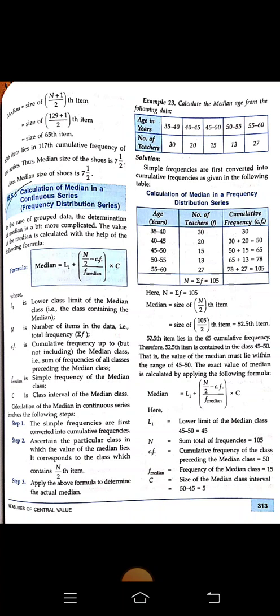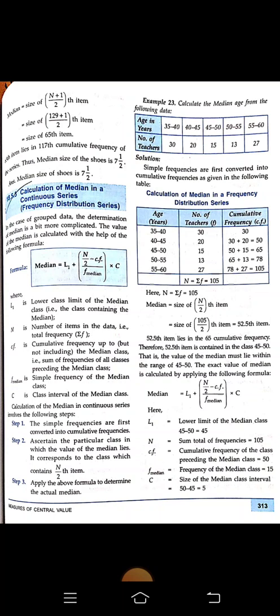Let us see how we calculate it. For example, calculate the median age from the following data, that is example number 23. How to solve it? Simple frequencies are first converted into cumulative frequencies as given in the following table. In a frequency distribution, how are we going to do it?